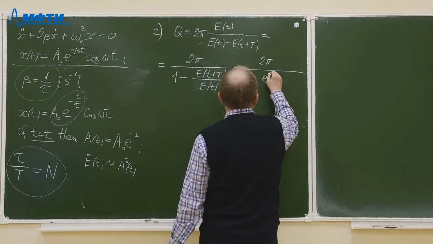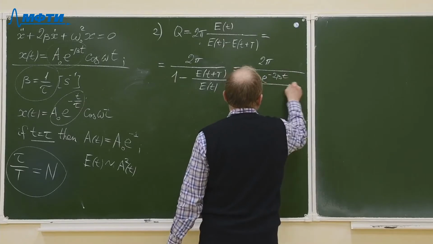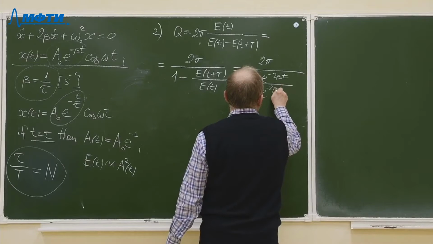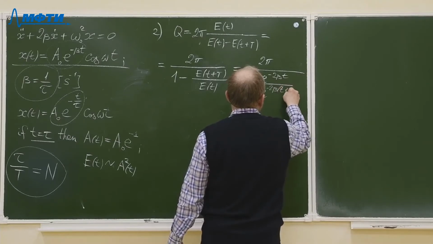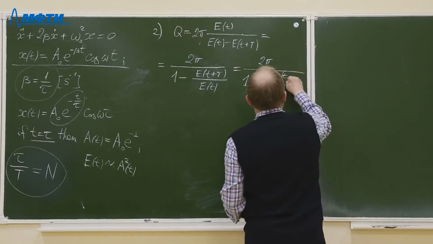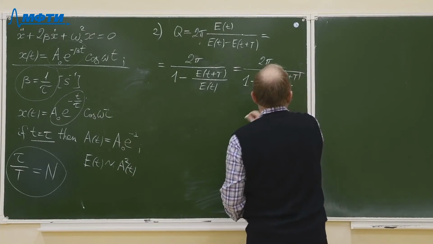So exponent minus 2 beta (t plus capital T) divided by exponent minus 2 beta t.